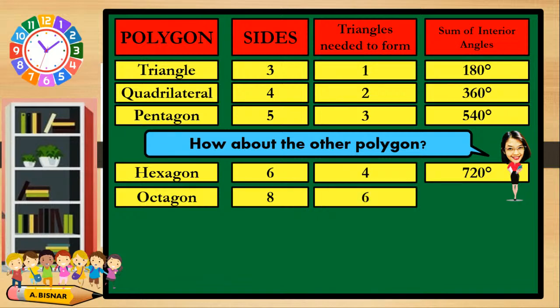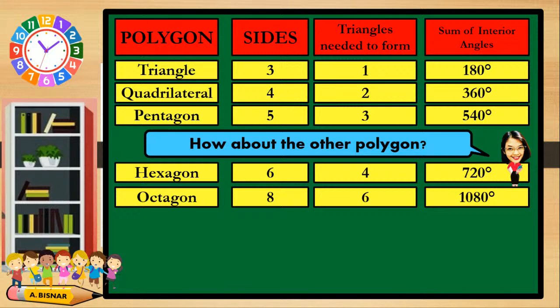So, you need 6 triangles to form an octagon. So, 6 times 180, the answer is 1,080. So, paano nyo nakuha yung 6? How did you get 6? How did you get the number of triangles needed to form?